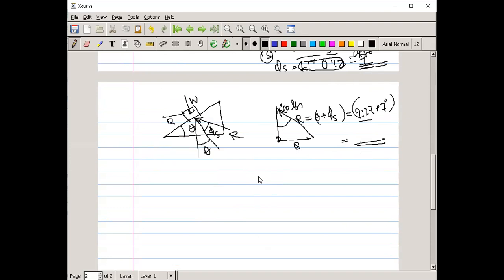From Lami's theorem, Q divided by 600 is nothing but tan of theta plus phi s. Same, you can use Lami's theorem or you can apply the tan formula, both you can apply. So from here you can easily get Q equal to this amount.